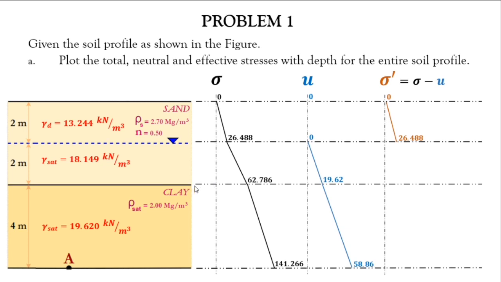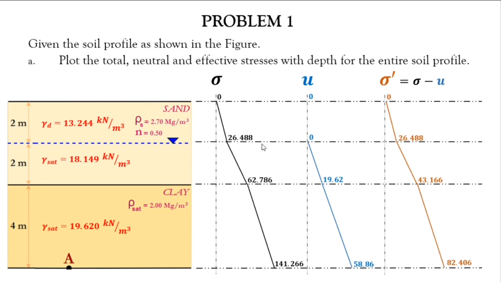And then, at this level, you have 62.786 minus 19.62, which gives us 43.166. And lastly, at the bottom of the soil, we have the difference between 141.266 and 58.86, which will give us a value of 82.406.